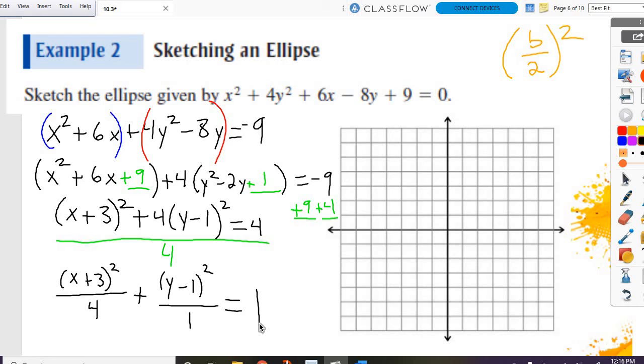You wrote it right down. Yeah. So we end up with a horizontal elliptical shape.